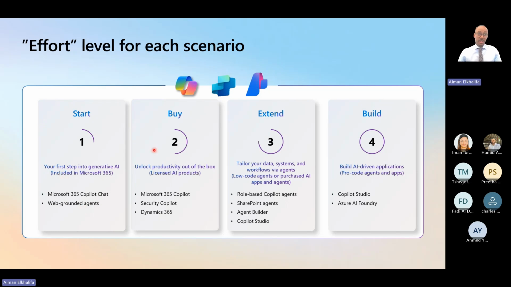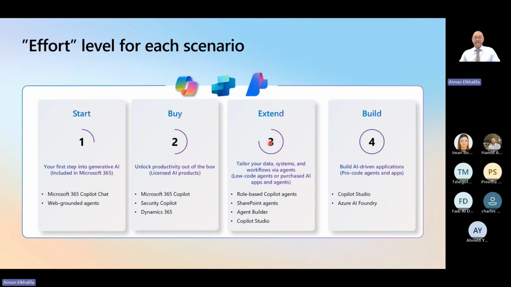But if the scenario is on effort level 2, this is where you're going to need a licensed AI. So that's Microsoft 365 Copilot, Security Copilot, or Dynamics Copilot, so you need some licenses here.